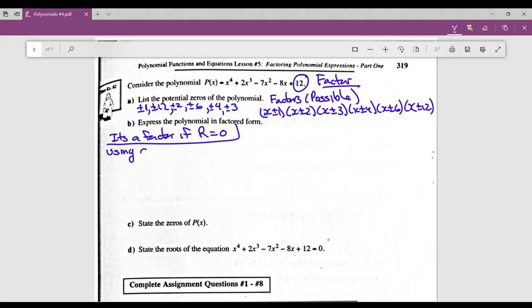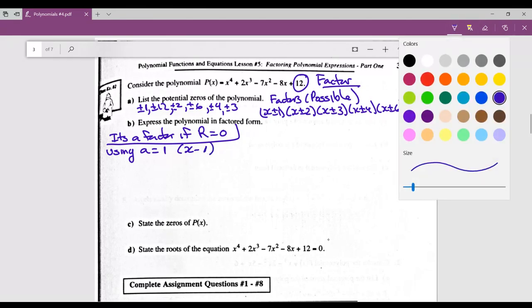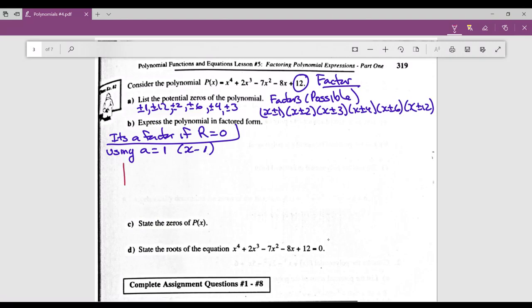In this case, I'm just going to tell you which one to use. Using a is equal to 1, which means our factor that we're guessing is x minus a, so x minus 1. So we're going to do synthetic division. So 1 goes on the outside. We're dividing this polynomial, so we put in all our coefficients: 1, 2, negative 7, negative 8, and 12.